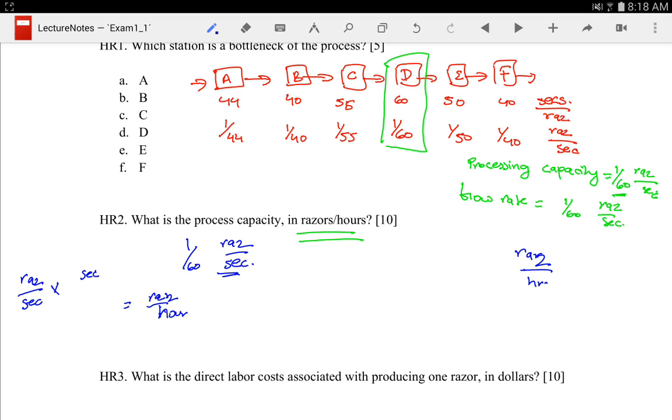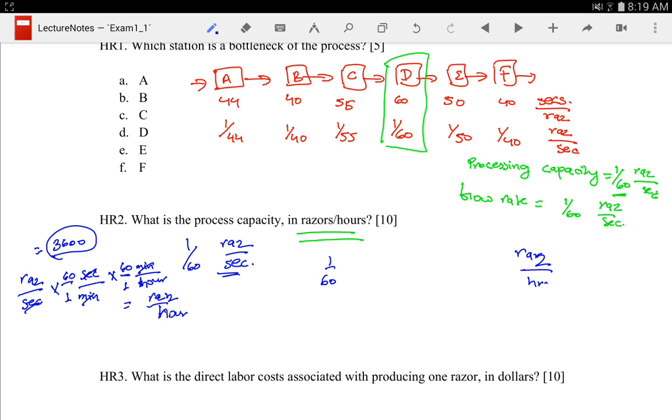To get rid of second, we have second on the top, minute on the bottom. To get rid of minute, we have minute on the top, hour at the bottom. So we have everything we want. To make it equal, we have 60 here, 1 here, 60 here, 1 here. So minute gone, second gone. We have 60 and 60, which equals 3600. So our conversion factor is 3600.